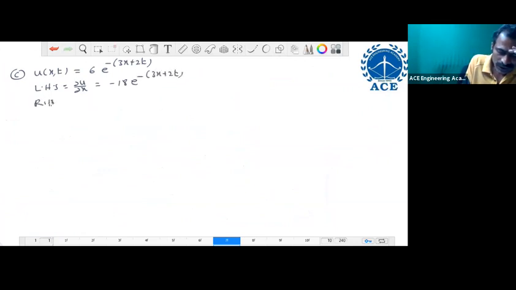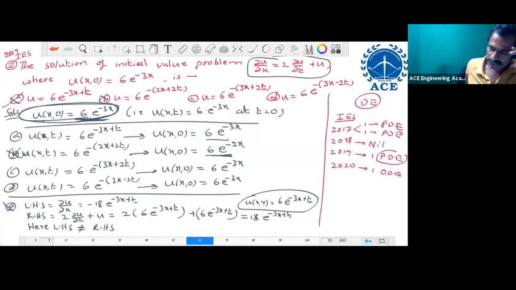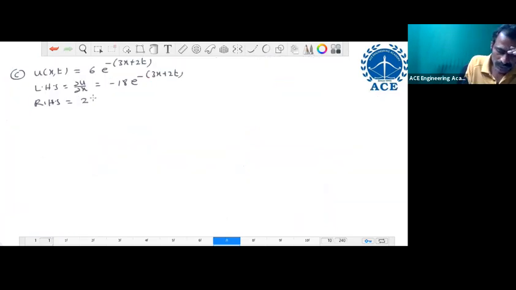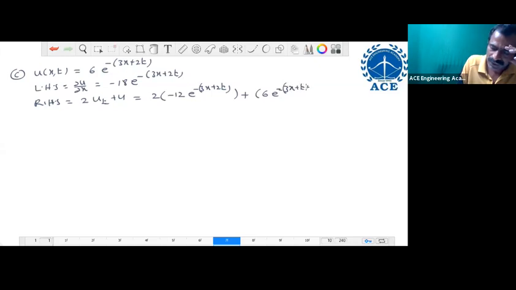Next, RHS equals 2 u t plus u. 2 into, with respect to t is 2, 6 into 2 is 12, so minus 12 e power minus 3x plus 2t, plus u is 6 into e power minus 3x plus 2t.